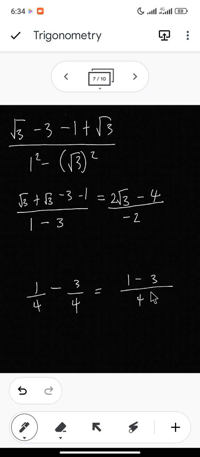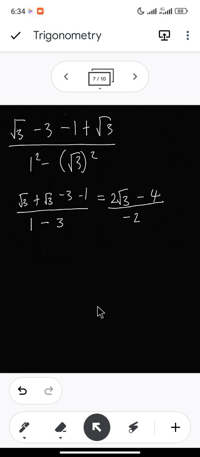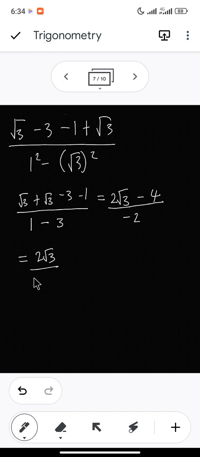Now, you can also reverse this. If you have two things adding or subtracting each other on the numerator, all of them will share the same denominator. So applying the same principle here, I'm going to spread this out to be 2 root 3 over minus 2 minus 4 over minus 2.